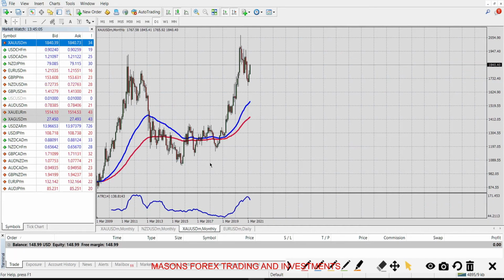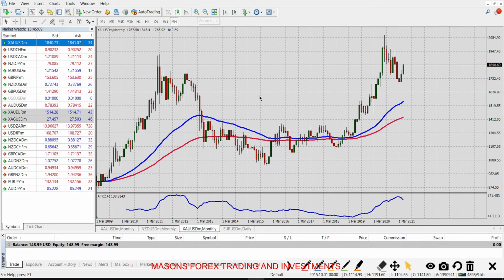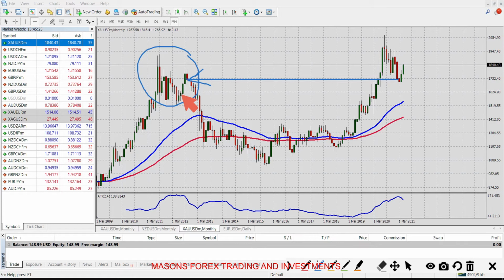Let us look at gold. This is the monthly chart. So if you look at this price level or this area, when you look left, you'll see this forms a significant area. Let's draw a line.